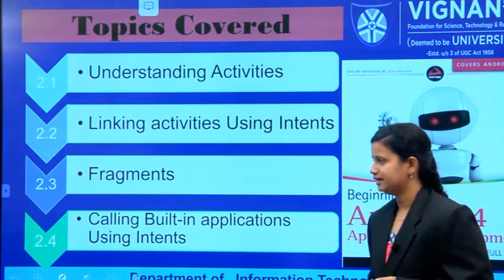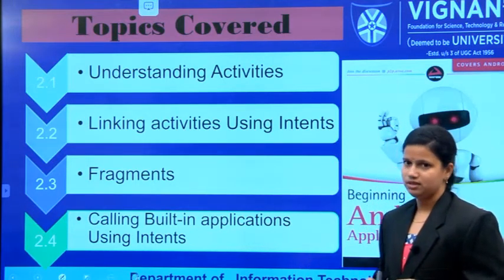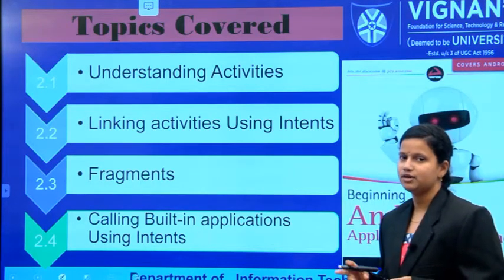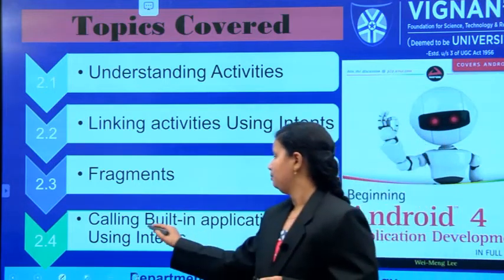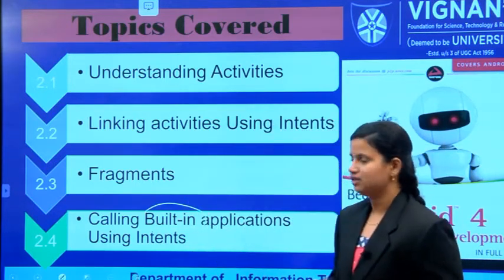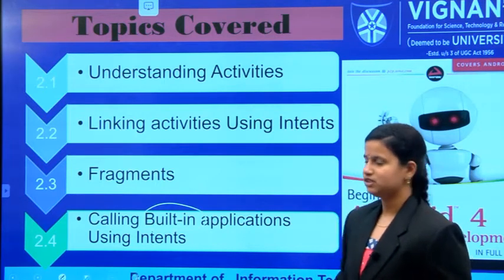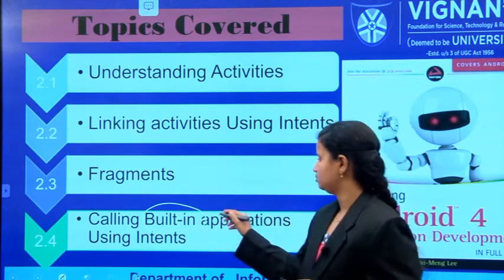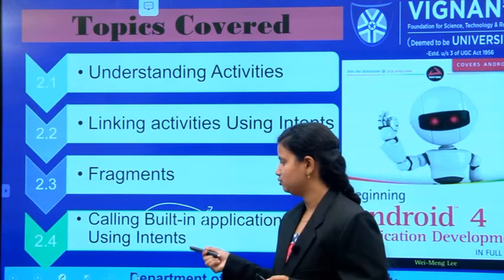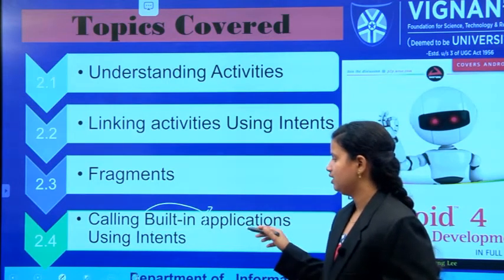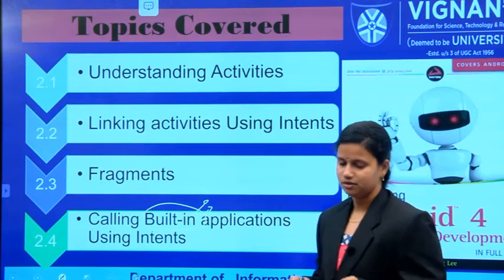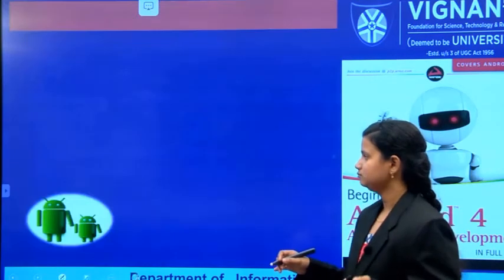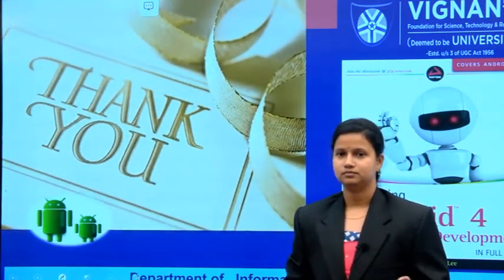We already discussed calling built-in applications using intents: from a newly created application, how to access the built-in applications available in the phone, and how to call the already available applications. So these are the 4 topics we covered in this unit 2. Thank you all.